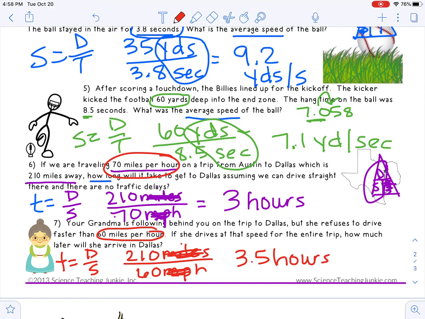So it's going to take Grandma 3.5 hours to get there. That's not what the question asked, though. The question asked, how much later will she arrive in Dallas? So I'm going to compare 3.5 hours to 3 hours, and it is going to take Grandma 30 minutes, or a half hour, longer to get there, driving 10 miles per hour slower.